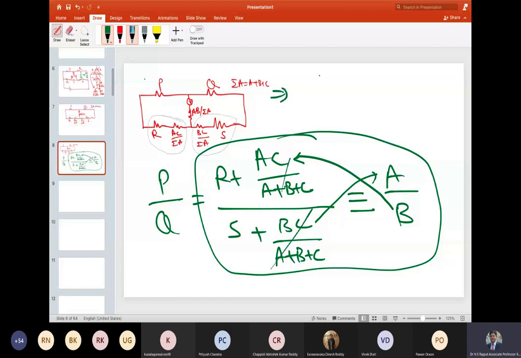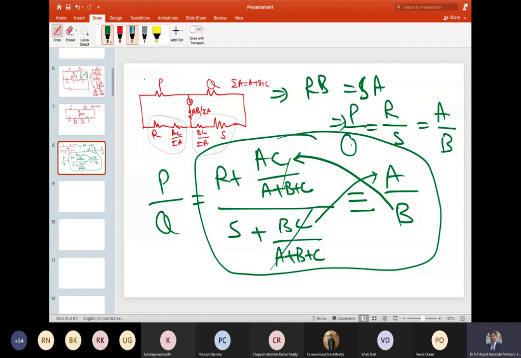What will remain is RB is equal to SA, indicating that R by S is equal to A by B. Now, Kelvin has already said that P by Q, which are mid-value resistances, should have some ratio and the same ratio should still be with A by B, and these A and B resistances which have been connected separately are also mid-value resistances.